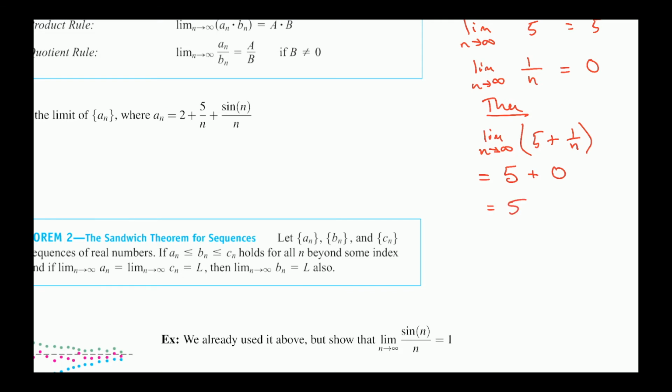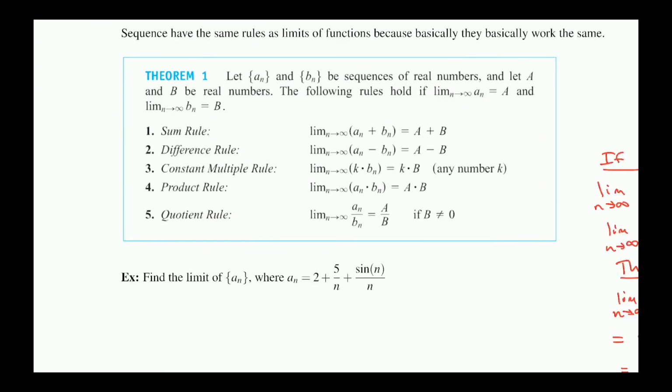Okay, but when you're applying that logic, what you're applying is this rule right here, where they're basically saying you assume that A has a limit, and you assume that B has a limit, then if you add them, you just add the limits.